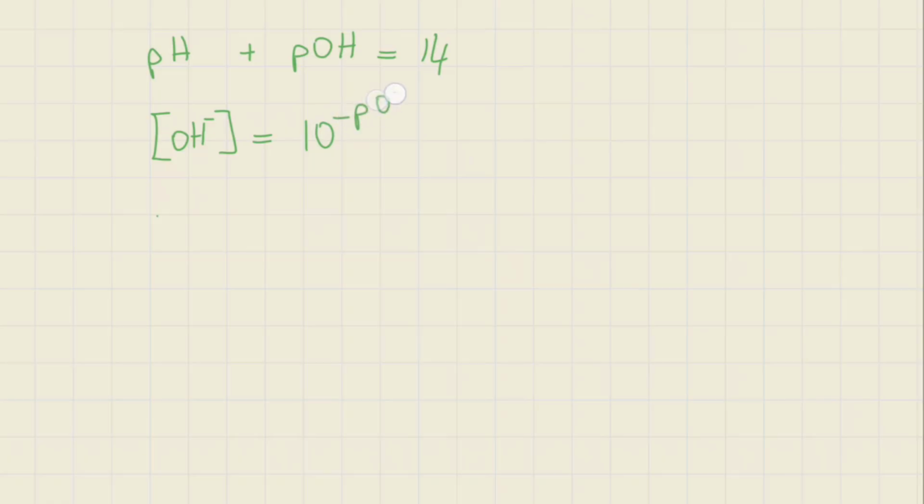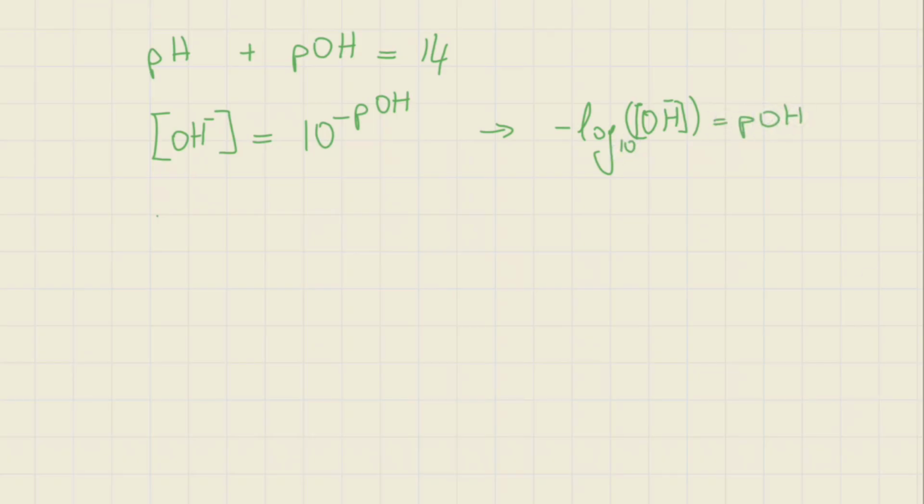And there is a relationship between the pH and the pOH, and it is equal to 14. And if we want to define the OH concentration, it is simply 10 to the minus pOH. Why? Since pOH is equal to minus log OH minus concentration.